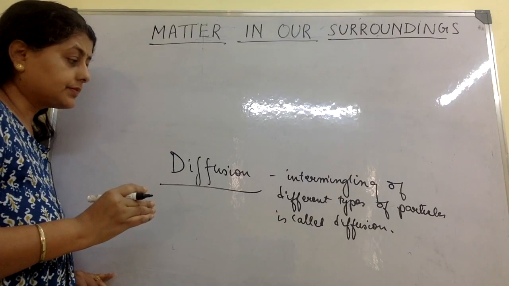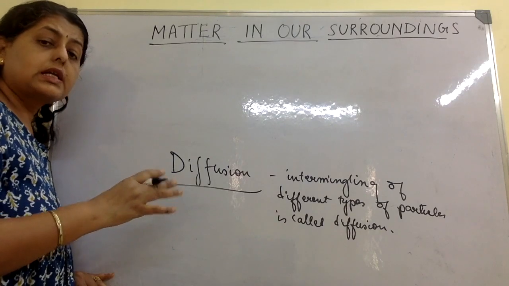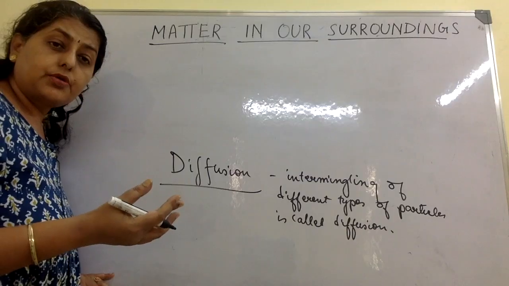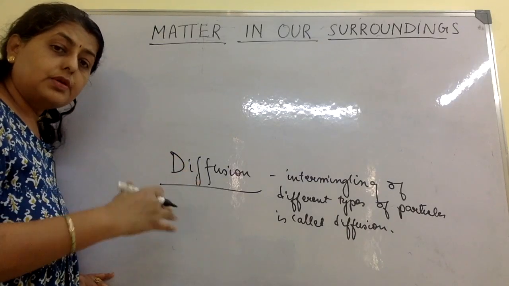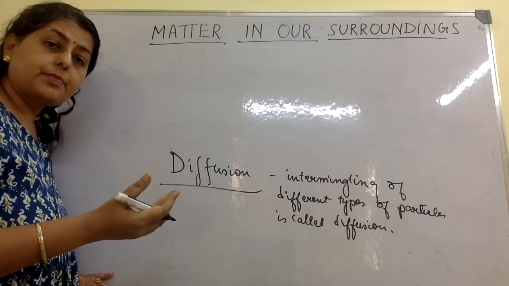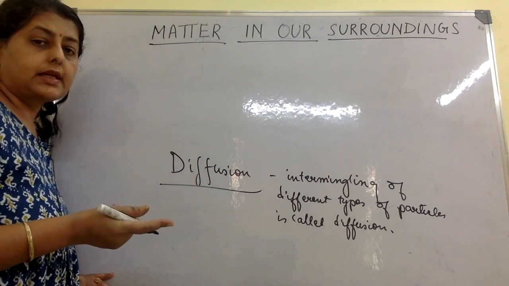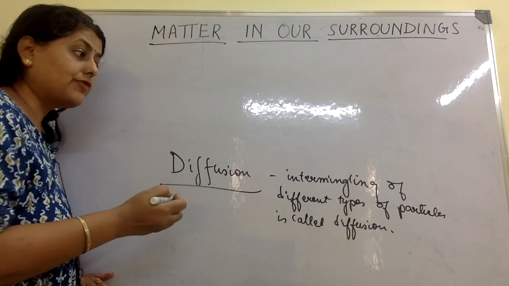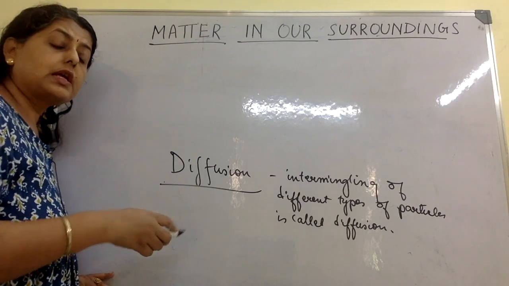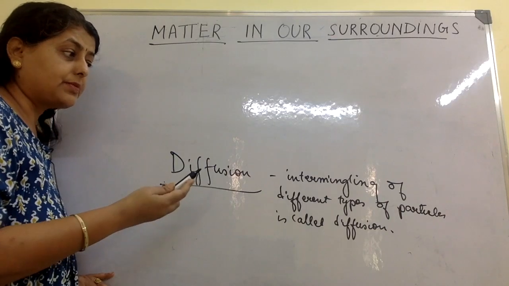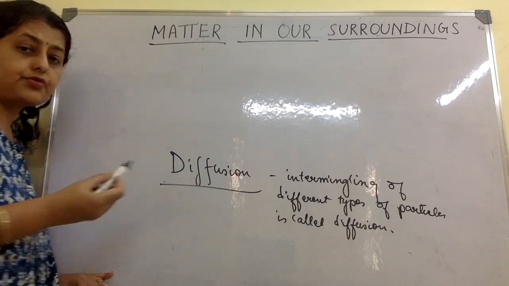Now here you will say, if I am talking about a perfume bottle, what is intermingling? The air particles in the room with the particles of the perfume, that is intermingling. So they can ask you the definition for this. What is diffusion? It is intermingling of different types of particles.